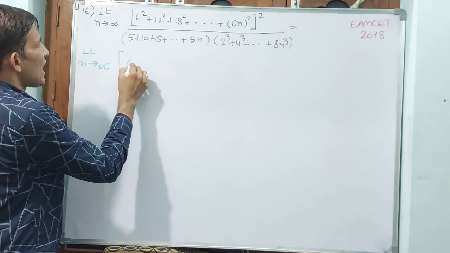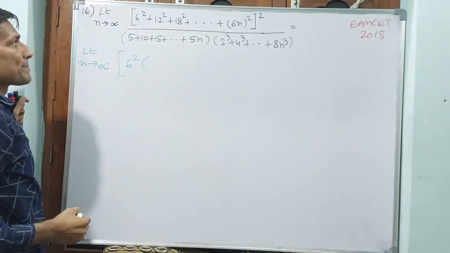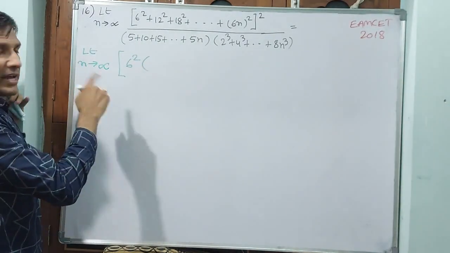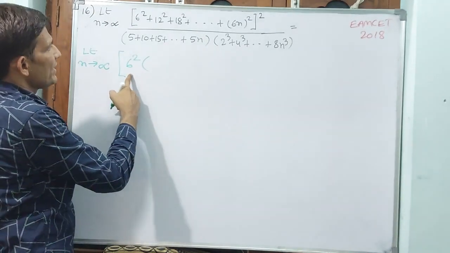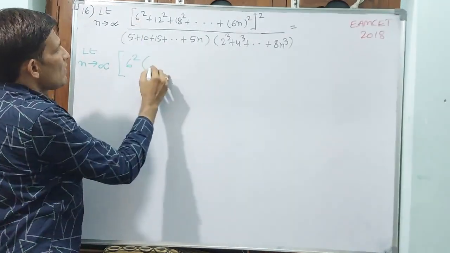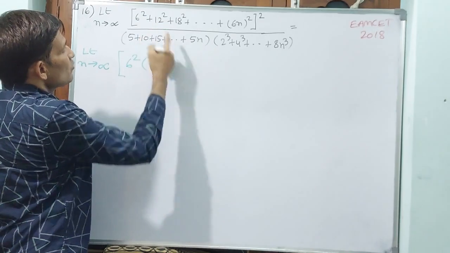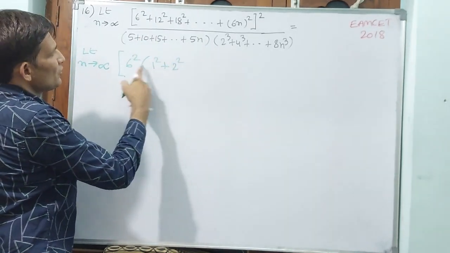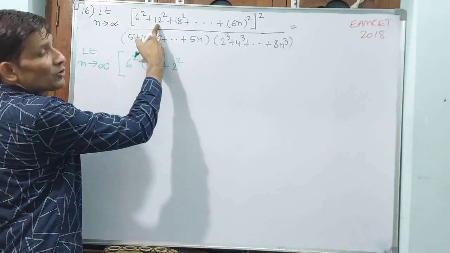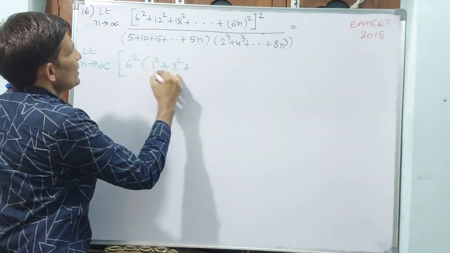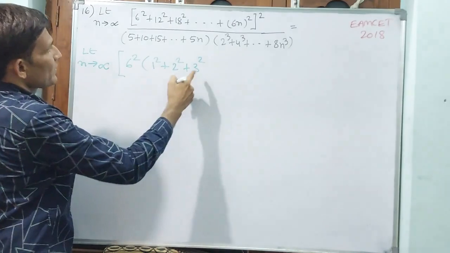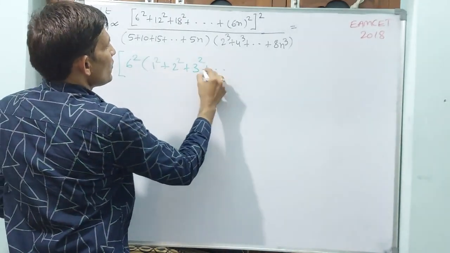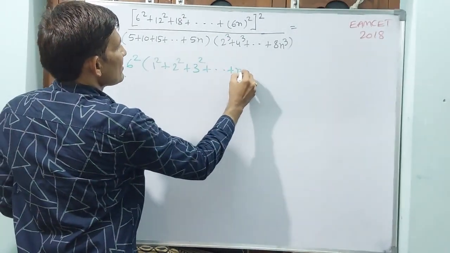Inside only I am taking 6 square common first, because the outside square I still have to write. 6 square if I take common, 6 square into 1 square, 6 square into 2 square. Why? Because both powers are the same, so 6 into 2 whole square, 12 square. Plus 6 into 3 whole square. Like that it will be up to 6 already gone, plus n square.